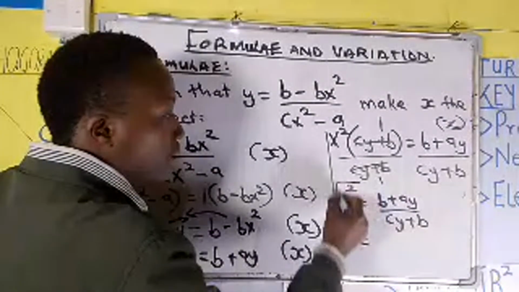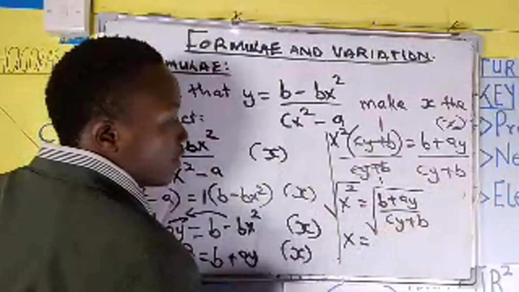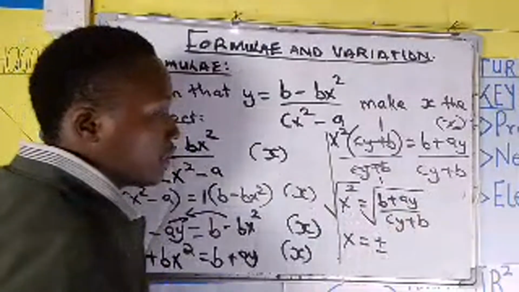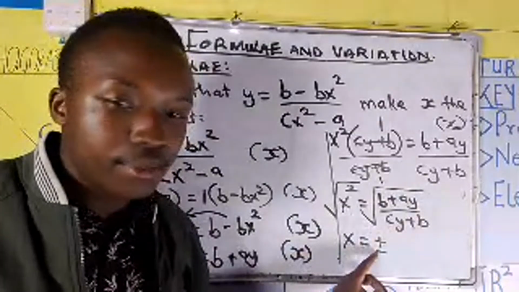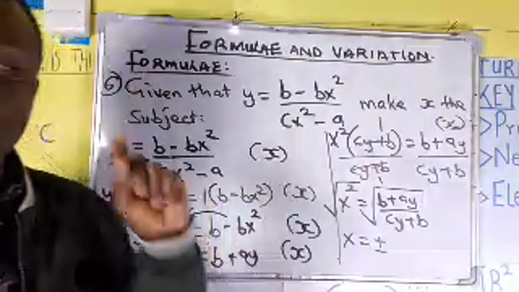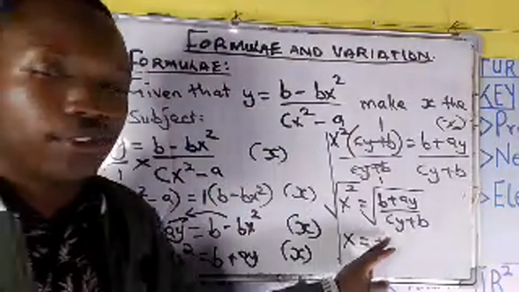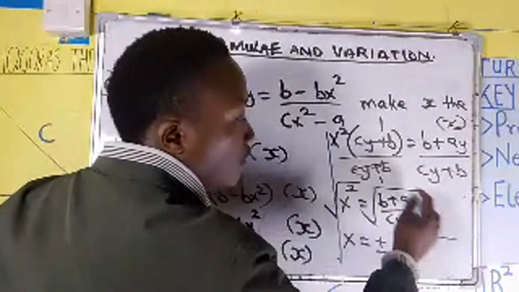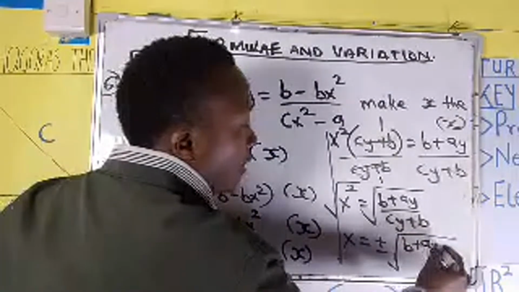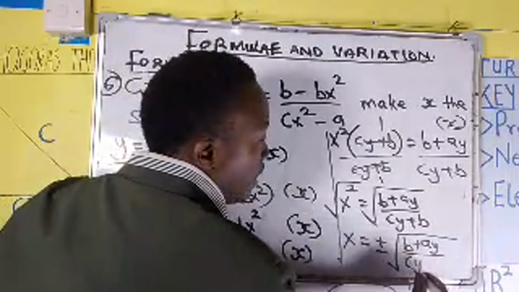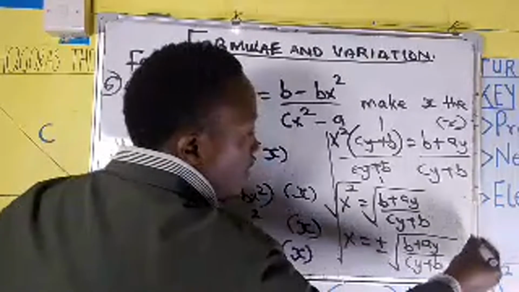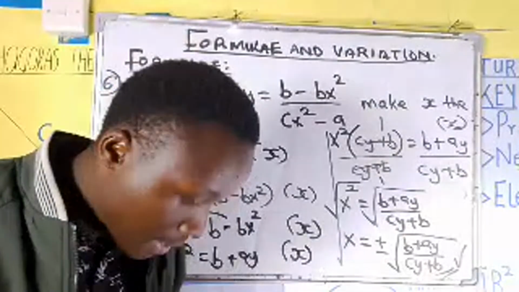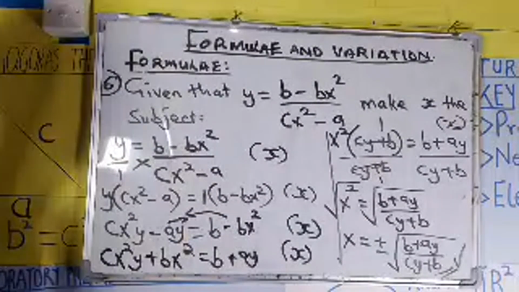So our h will be the square root on both sides. So it is going to be plus or minus. Why are we saying plus or minus? Because when you find the square root, you get either a positive or a negative. So it is going to be plus or minus the square root of b plus ay over cy plus b.